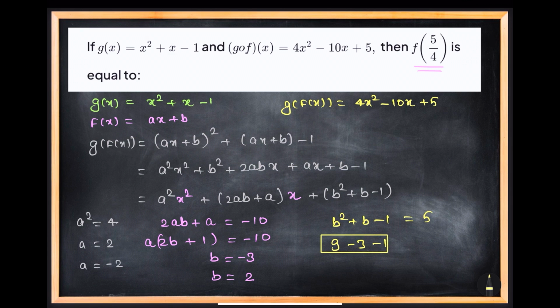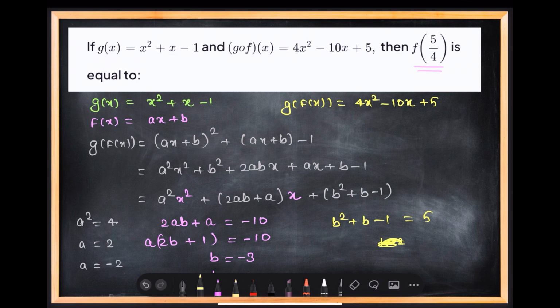And if you go with b as 2, it will become 4, plus 2, minus 1. Again 5. So according to them, b can take any value.